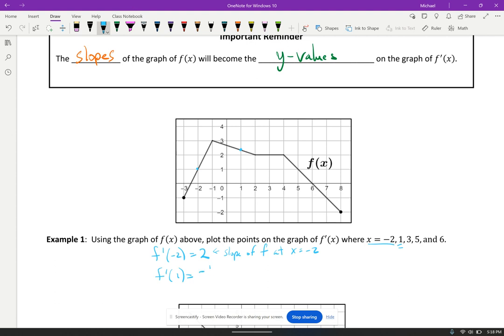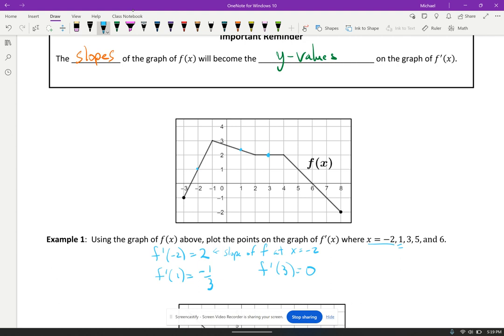So then this would be -1/3. F prime of 3, that would be at this point. This blue point is the function value. So f of 3 is 2, but I want f prime of 3, that's the slope of this line segment, and that would be 0.